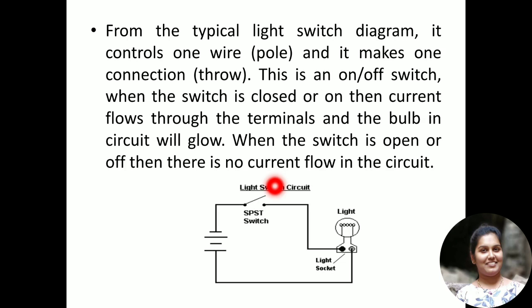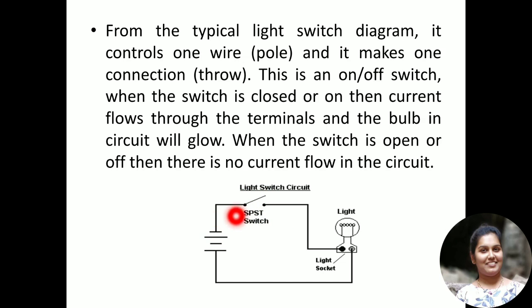Here we see a circuit in which we have a light, and this light is controlled by this switch. So this switch is a single pole, single throw. One wire means one pole, and one connection means one throw.